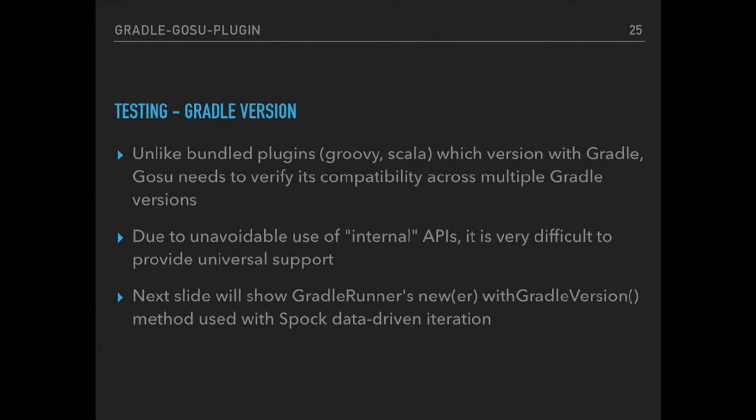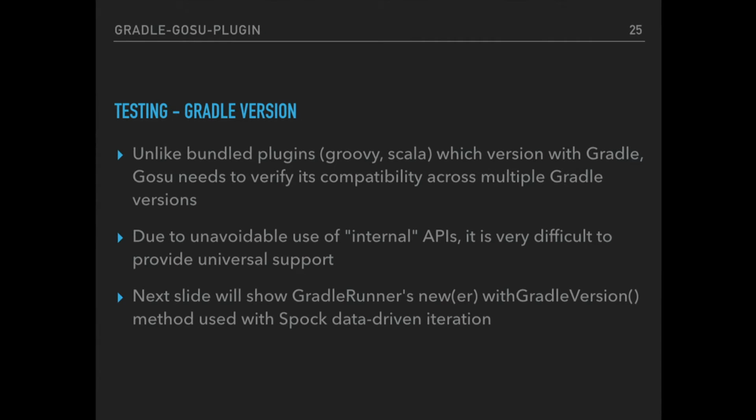So there's a relatively newer thing, maybe from 2.9 or later, called withGradleVersion, which is a property of the Gradle runner. It's a builder, basically. When you're building the Gradle runner, you can say, I explicitly want to run with this version.